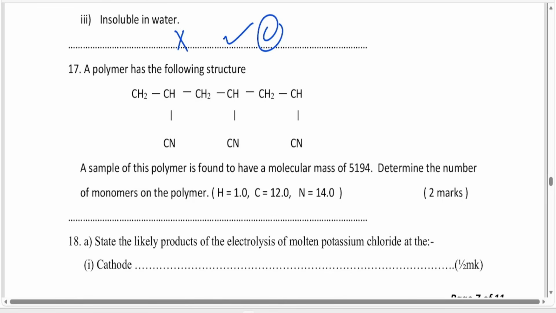You can see the repeated section of it so that we are in a position to obtain the monomer. When you look at it, the monomer becomes CH2=CH-CN. So this is the monomer for this particular polymer.